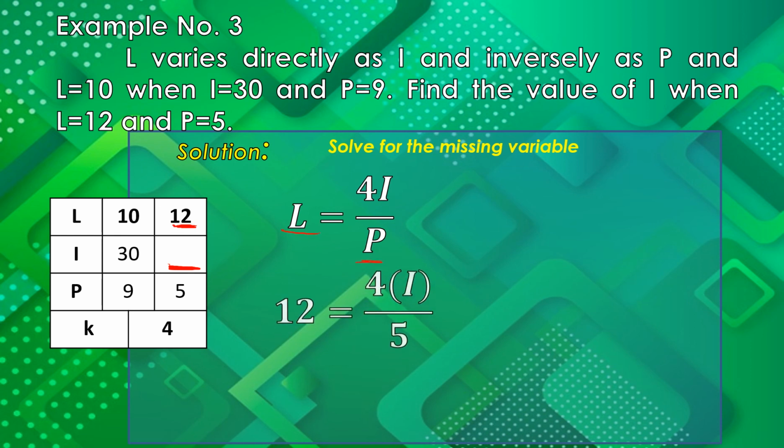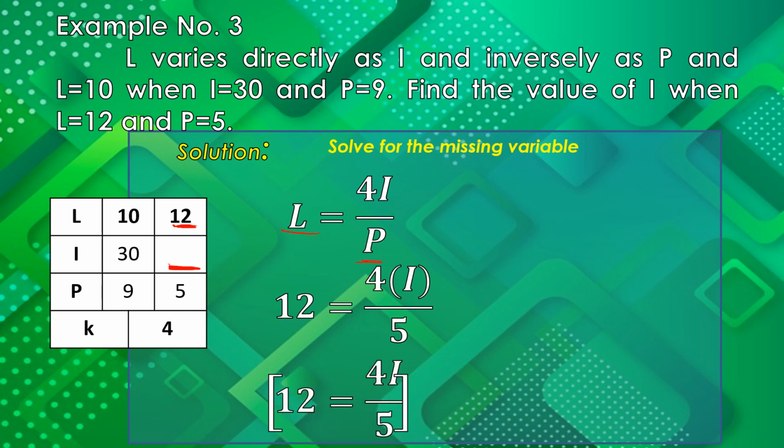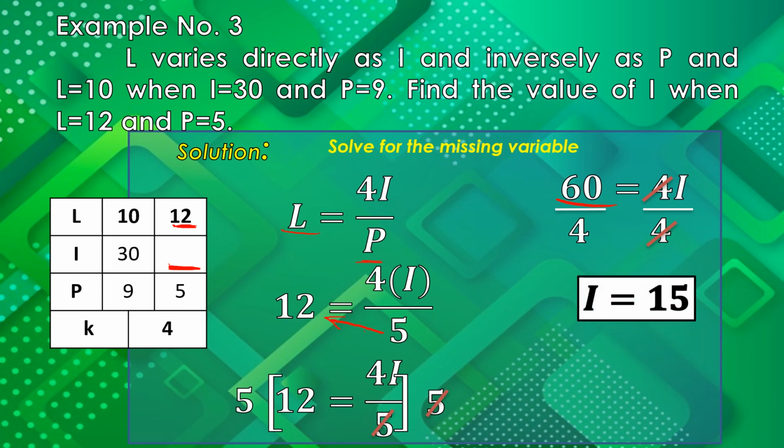So, siya magiging 12 equals 4I over 5. Then, multiply both sides sa 5, siya magiging 5 times 12, that is 60. Then 4I. Dividing both sides sa 4, we will have 60 divided 4, that is 15. And this will be our final answer. I equals 15. Ganun lang po kadali.